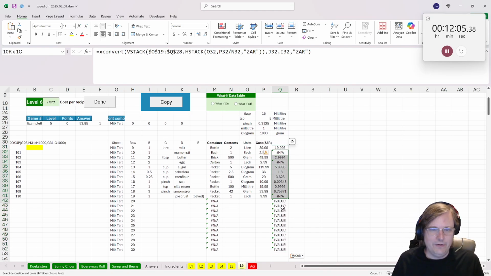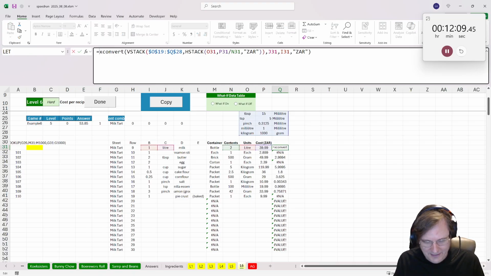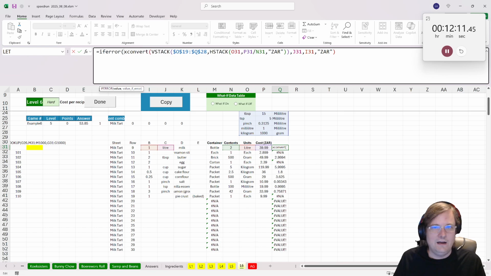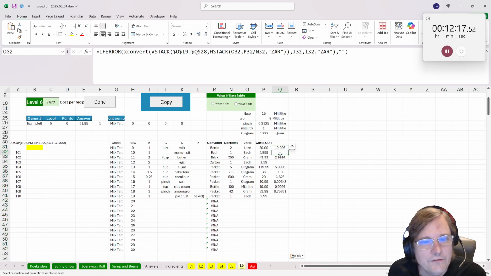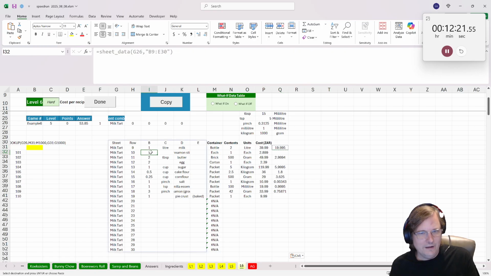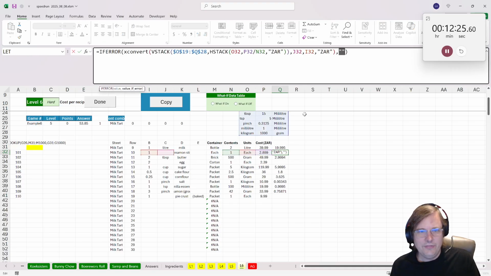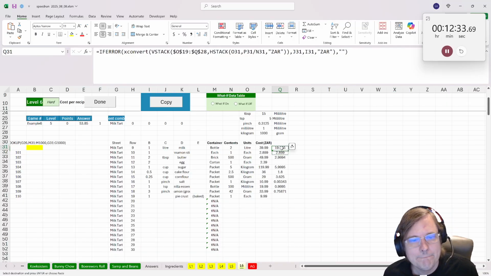Now, if I add that assumption, that should fill out all the ones that require conversions, right? Yes. So the ones that are still in A here are because they're eaches, which I have to handle differently. So for now I'm just going to do a little IFERROR there. This one, I need one of them, and each one costs this much. So that's simply the cost of it times how many I need.